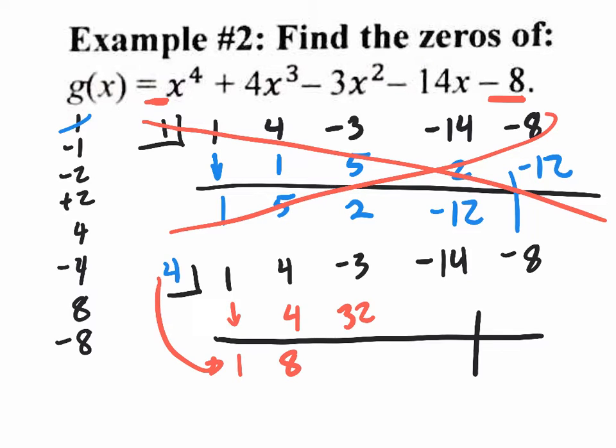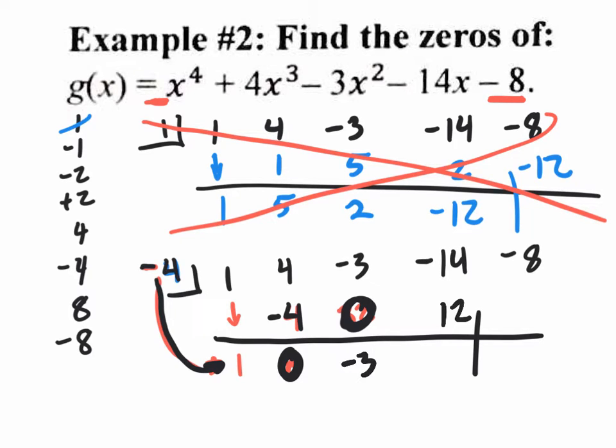Negative 4? Okay, so how about this? I didn't do much work. Let me change this to a negative. Let me make this a negative 4 right here, which means negative 4 times 1 would give me a negative 4 up here. And then 4 minus 4 would be 0. That's nicer than 8. And then negative 4 times 0 would be 0 up here. That's nicer than 32. And negative 3 and 0 is negative 3. And negative 4 times negative 3 is positive 12.